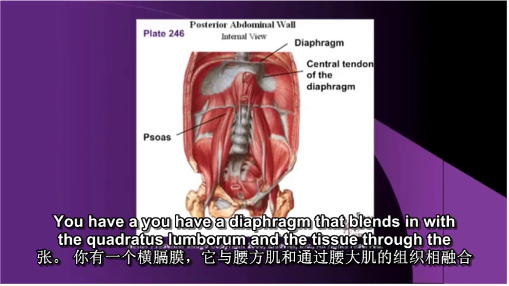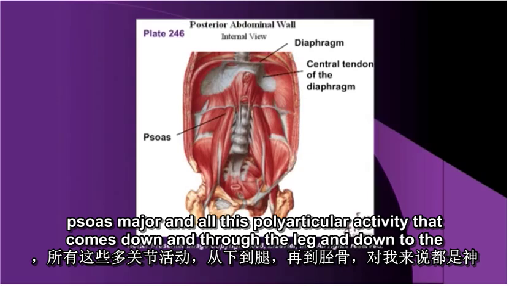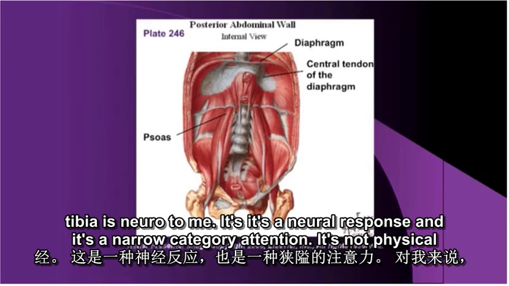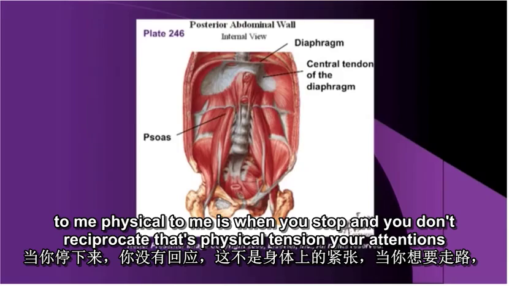Inside of you, you have a diaphragm that blends in with the quadratus lumborum and the tissue through the psoas major, and all this polyarticular activity that comes down and through the leg and down to the tibia is neuro to me. It's a neural response, and it's a neural category of tension. It's not physical to me.